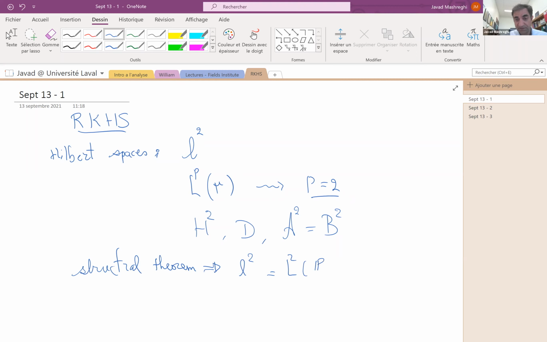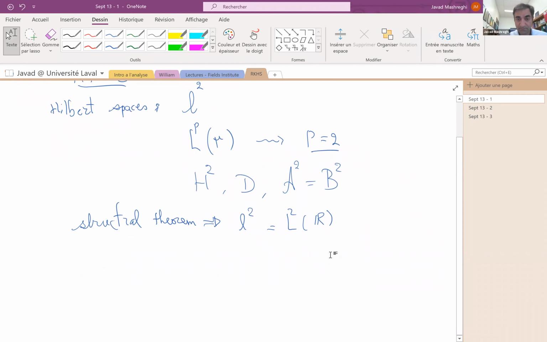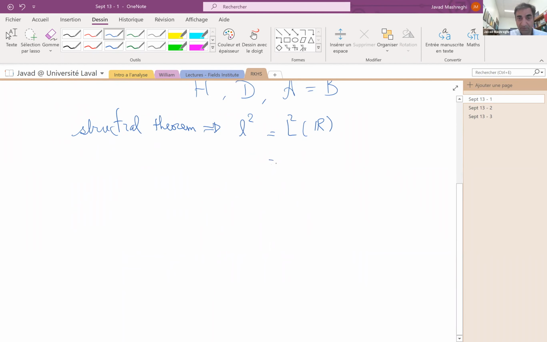For example, we can stay on R, or we can stay on the unit circle, to be infinite dimensional, and it's equal to H2, equal to D, equal to A2, and so on.